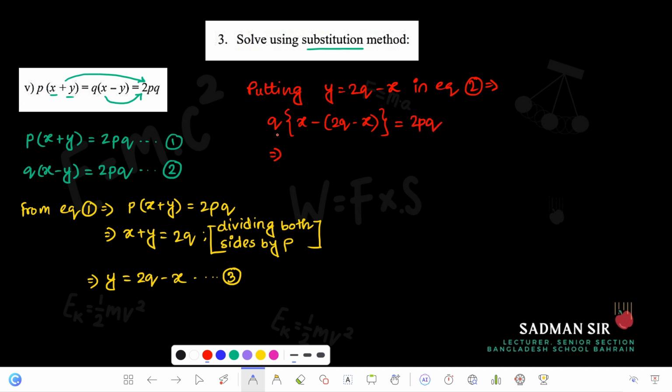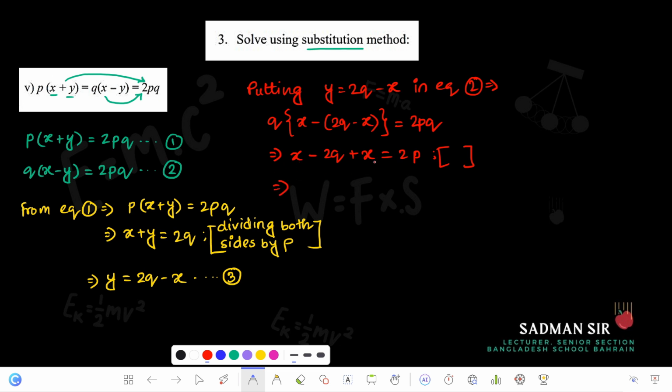So as you can see, q is there on both sides, so we will divide by q. So it will become x minus 2q. Again I'm saying, minus minus, it will become plus x equal to 2p. Now this time it will be 2p, because if we divide both sides by q, the q and q will be cancelled, and in the side bracket you have to write like this: dividing both sides by q. Please write it yourself.